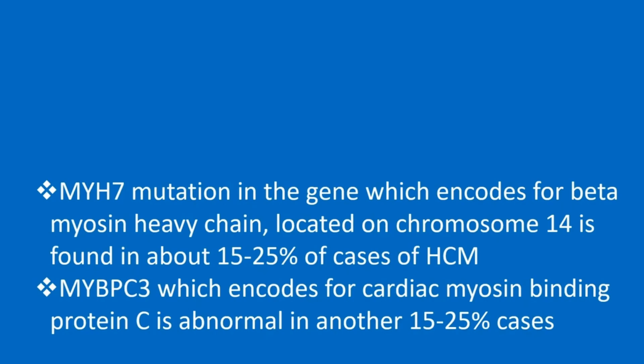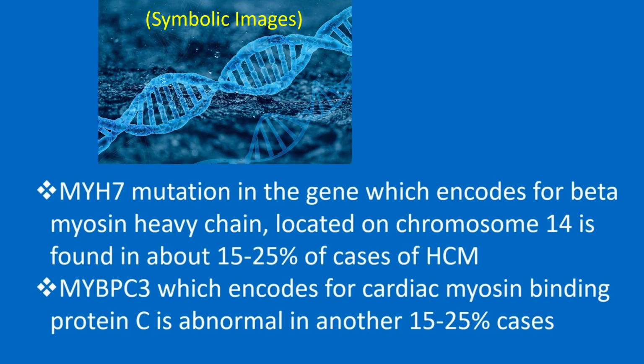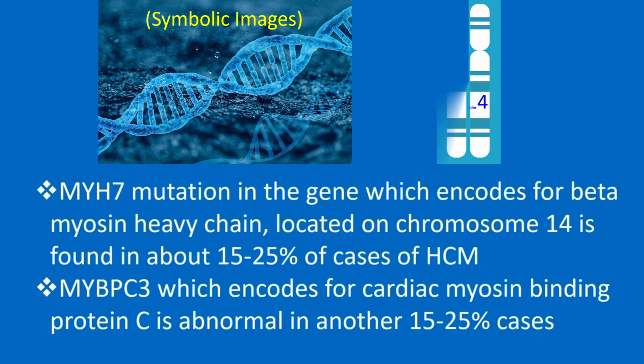MYH7 mutation in the gene which encodes for beta-myosin heavy chain, located on chromosome 14, is found in about 15 to 25% of cases of HCM. MYBPC3, which encodes for cardiac myosin binding protein C, is abnormal in another 15 to 25% of cases.